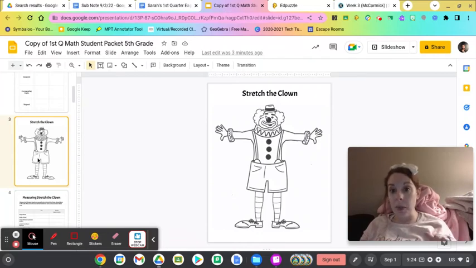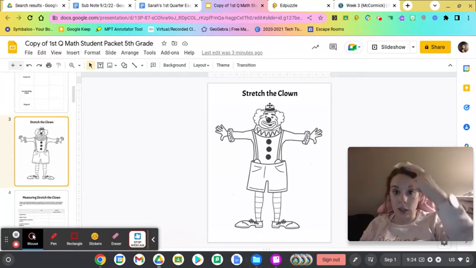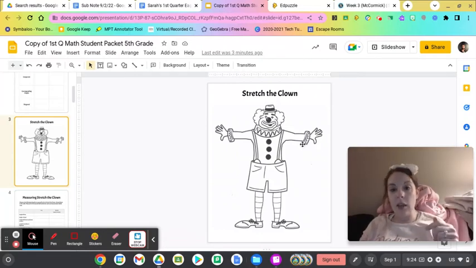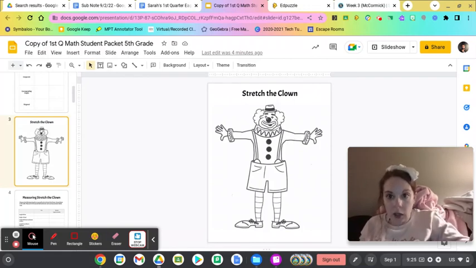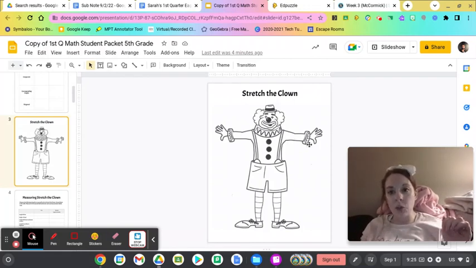So you still need to measure him. Remember when you measure his head, it starts at his chin and goes to the top of his hat. And when they talk about his elbow, you can barely see it, but he has a little elbow indentation right there. And his wrist is at the end of this cuff.